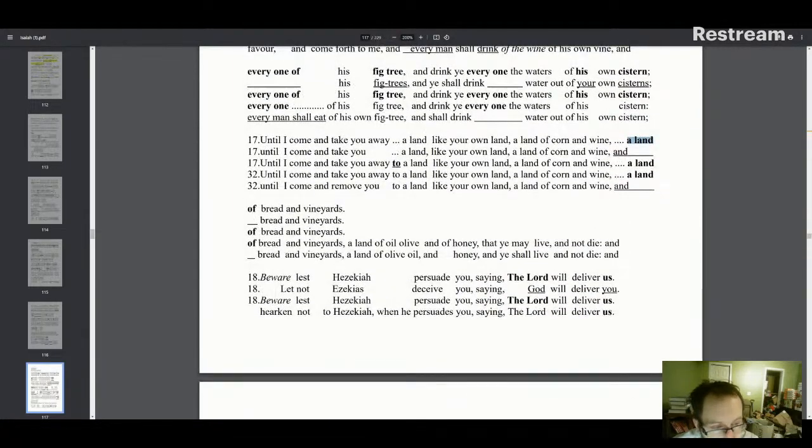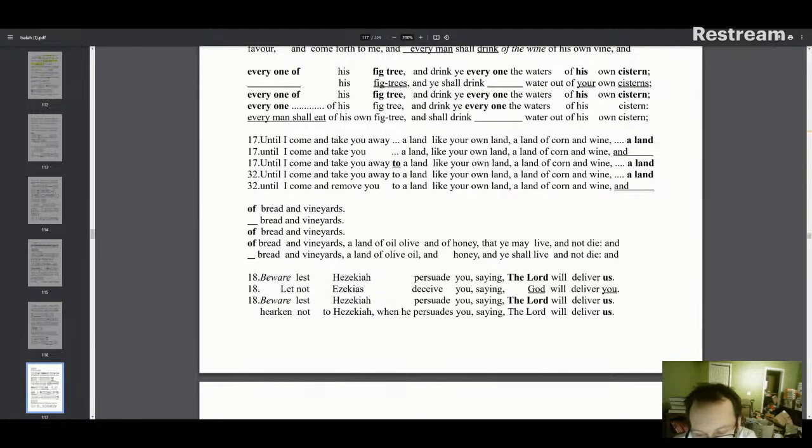because actually in Hebrew, you can't say this. You can't say a land of corn and wine and of bread and vineyards. In Hebrew, you'd have to say a land of corn and wine and bread of it and vineyards of it.